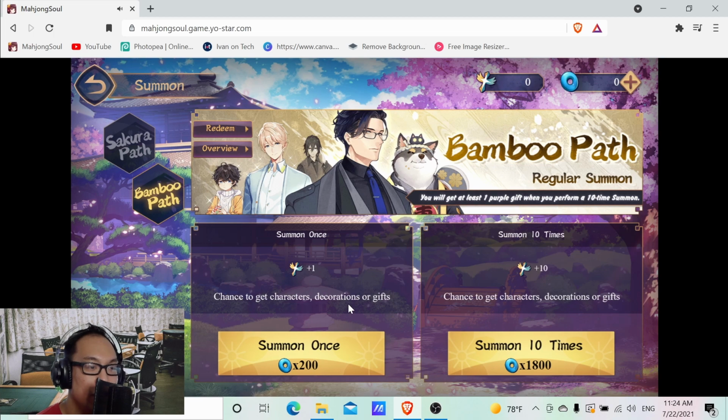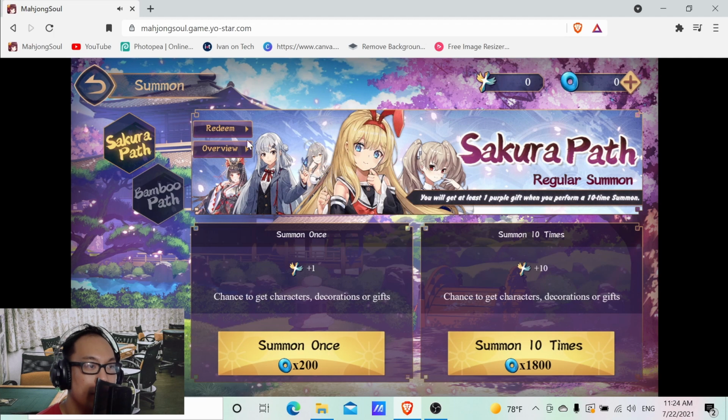Usually when you summon once, you get one item, whether it be a character, decoration, or a gift. But if you do the 10 summon, you get 10 items. It's basically like opening a booster pack for trading cards. You have to buy the Jade to get those characters.